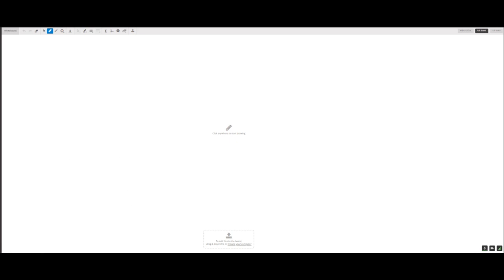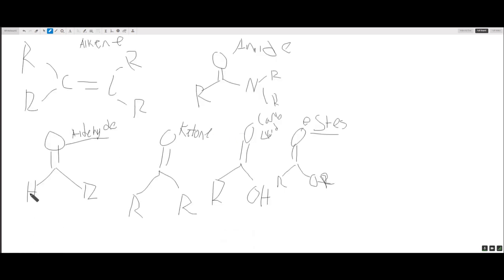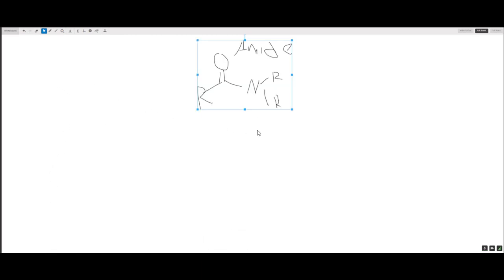Then we have unsaturation, right? So with an amide, let me select, let's take that amide. Control V. Our amide has an R group. If we take away that R group and place an H here, this goes from a 1, 2, 3.